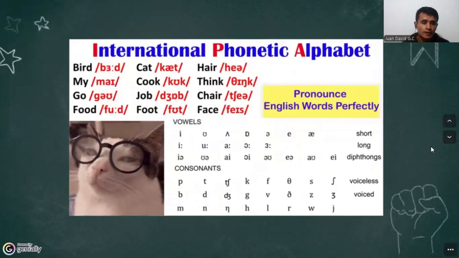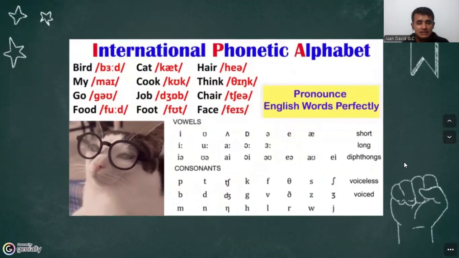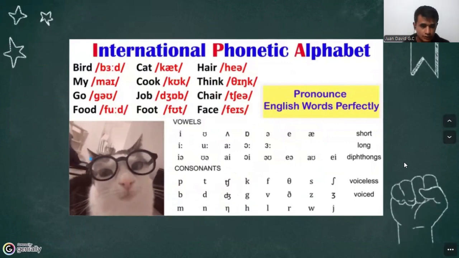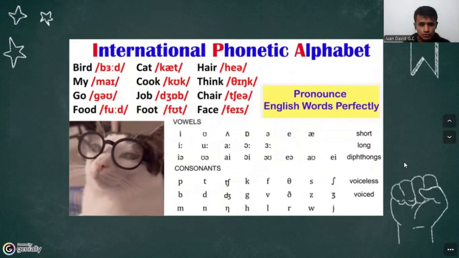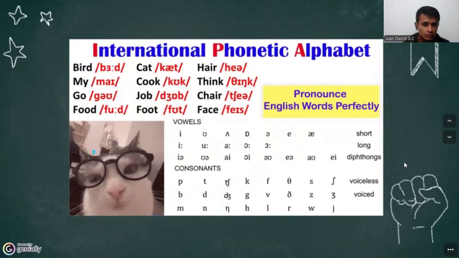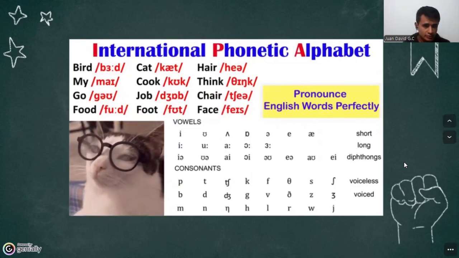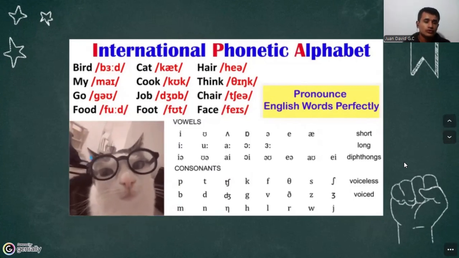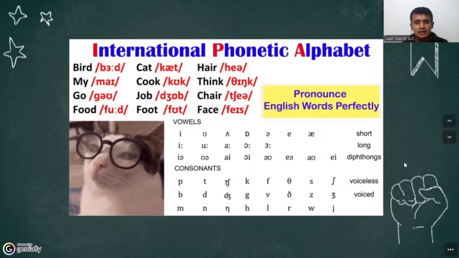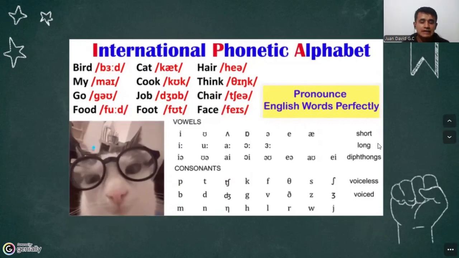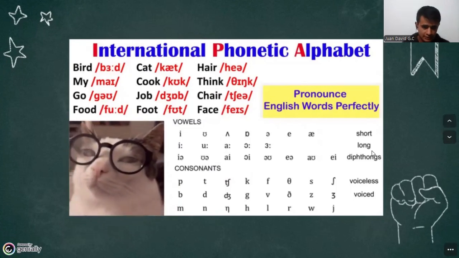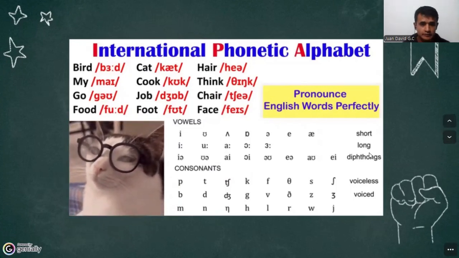Let's continue. We have the International Phonetic Alphabet to improve and to know how the pronunciation is correct. That is the reason for the International Phonetic Alphabet: to pronounce English words perfectly and fluently.